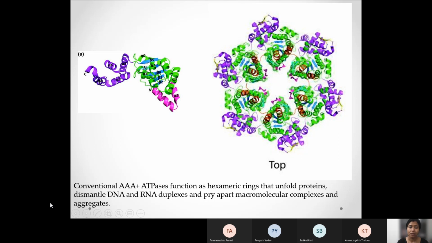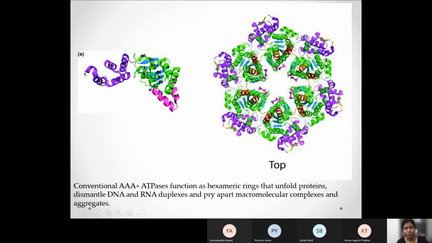But this one unit doesn't function by itself. It oligomerizes into a ring-like structure with at least 6 subunits, which are arranged in such a fashion that the binding of ATP here and the ATPase function requires the help of residues from the next subunit.